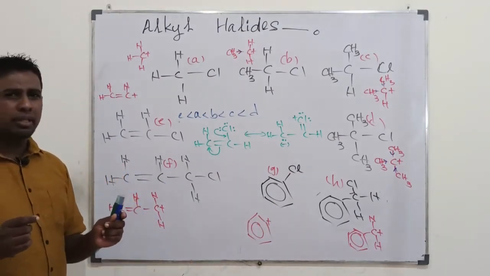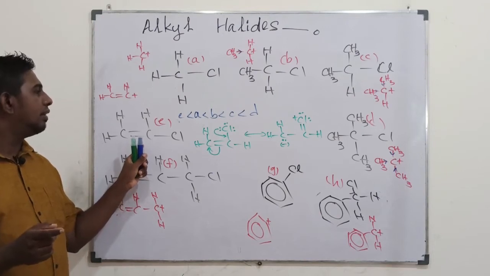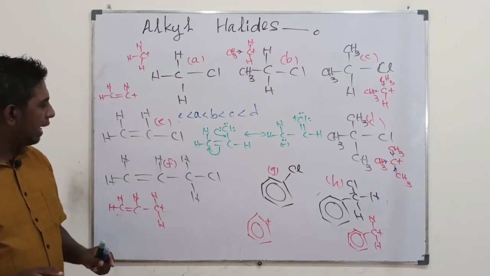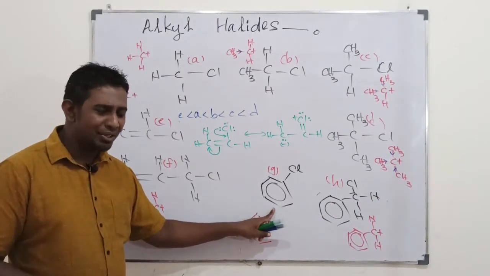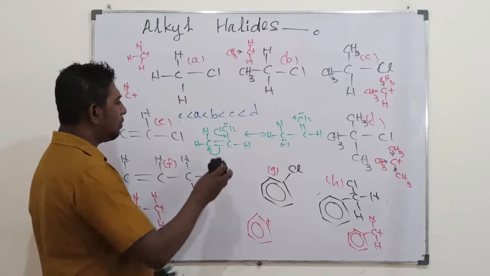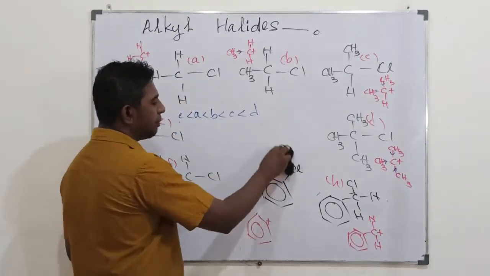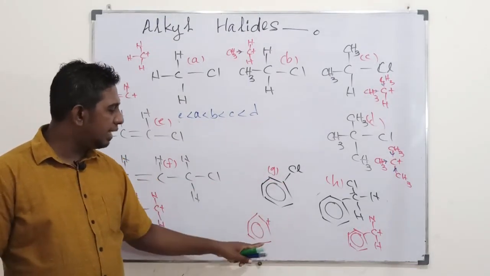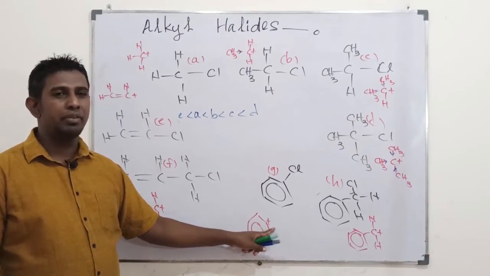Okay, so that was our concern with this chlorine. Shall we look at this structure? Students, I'm now going to consider the structure G. It is chlorobenzene. After leaving of this Cl as Cl minus, you get a plus charge on benzene.